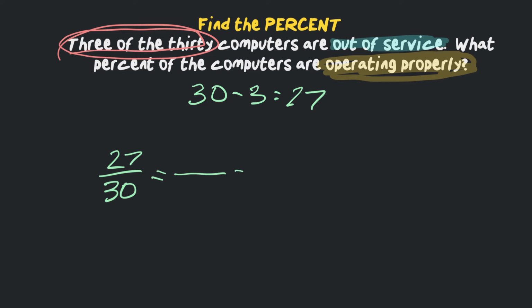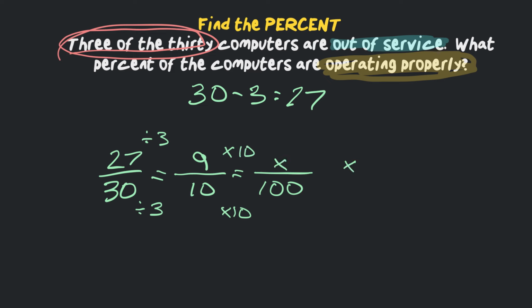Again, 30 is kind of a pain to get to 100, so this time I may divide both of them by 3. 27 divided by 3 is 9, and 30 divided by 3 is 10. Then it's really easy because I can just do times 10, times 10, and my little x would equal 90 computers.